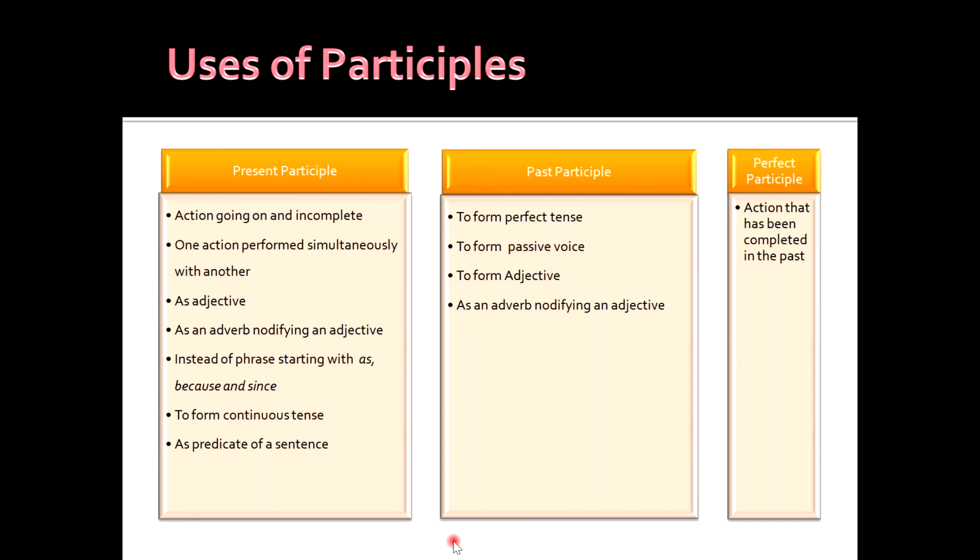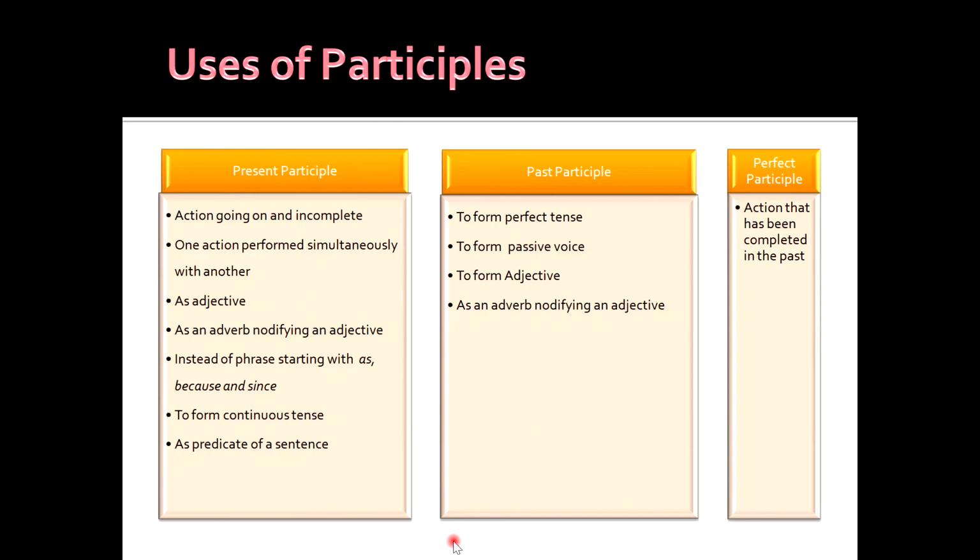So that's what a present participle does. Then an action that is performed simultaneously with another: she rode the bicycle humming a song. So riding a bicycle and humming the song is simultaneous. It was an interesting movie. There, the movie is qualified. Interesting is an adjective there.